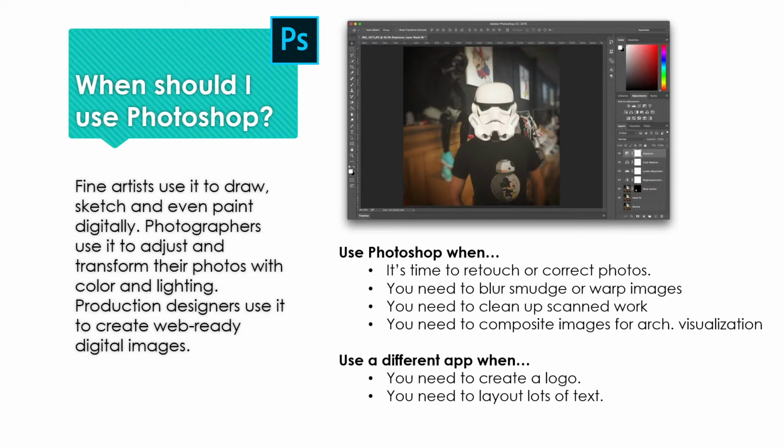You need to put in the background, you need to change the sky. Remember we did that in exercise 1. And we need to clean up some sketches, that kind of stuff. If you need to design a logo or edit lots of text, you don't want to use Photoshop.